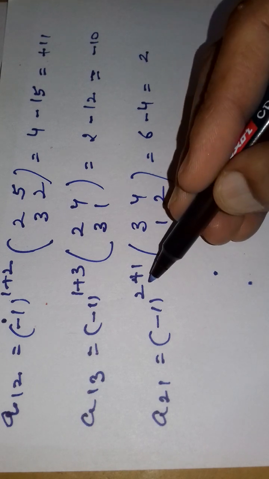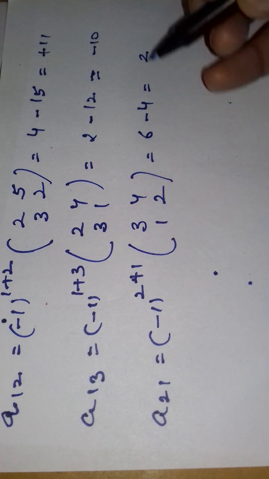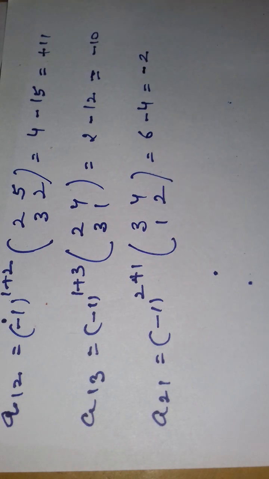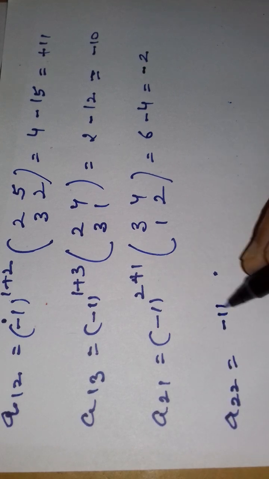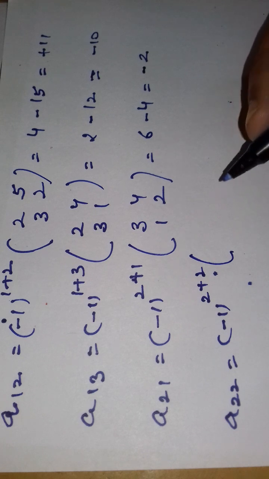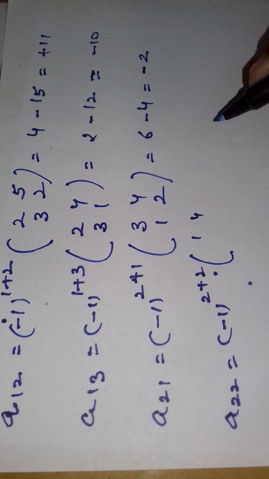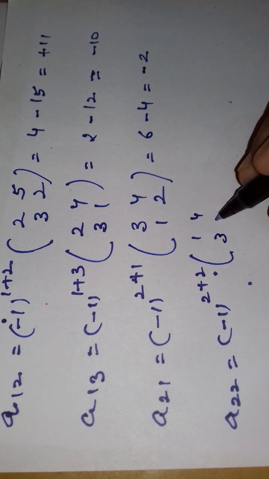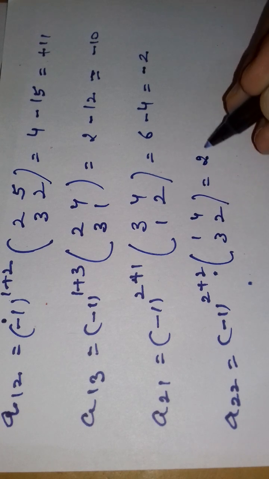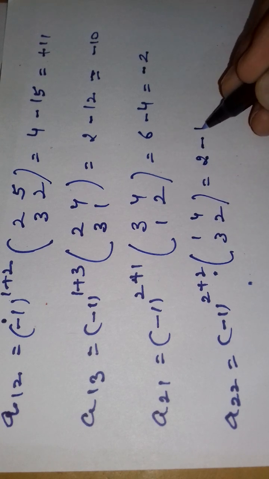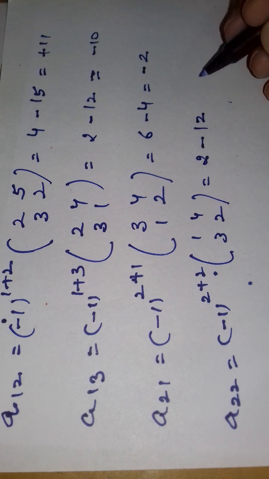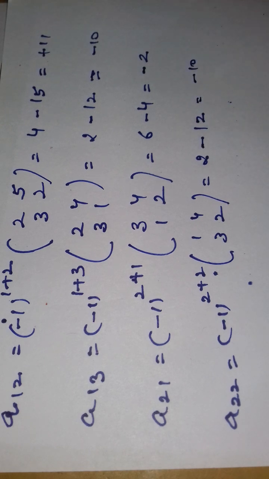But 2 plus 1 means 3, and 3 means minus, so minus times plus is minus, so it will be minus 2. Again for A22, minus 1 to the power 2 plus 2, second row and second column, the submatrix is 1 4 3 2. We got the value minus 10.